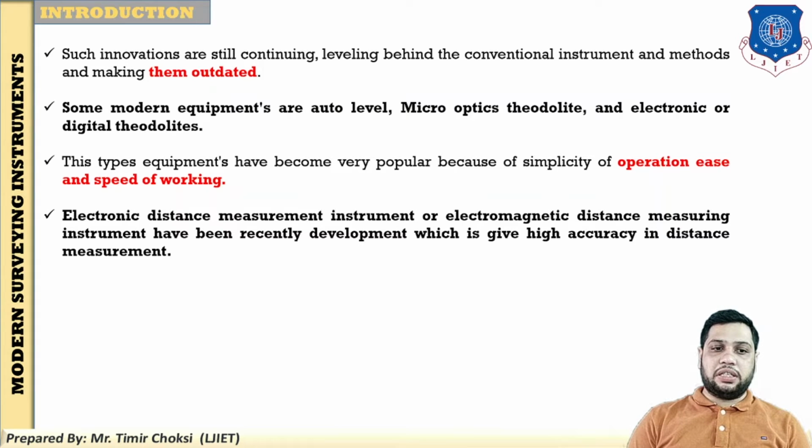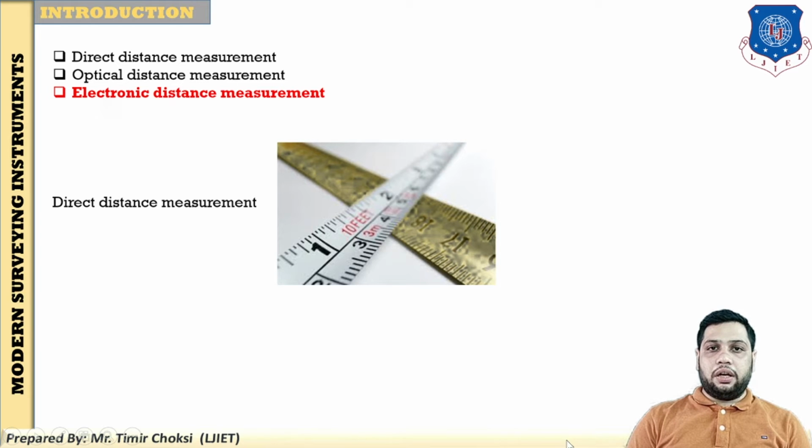In this session, I have explained the different types of methods and which instruments are used based on each method. In the first, direct distance measurement, you use the chain or tape for taking the measurement. Second is the theodolite.